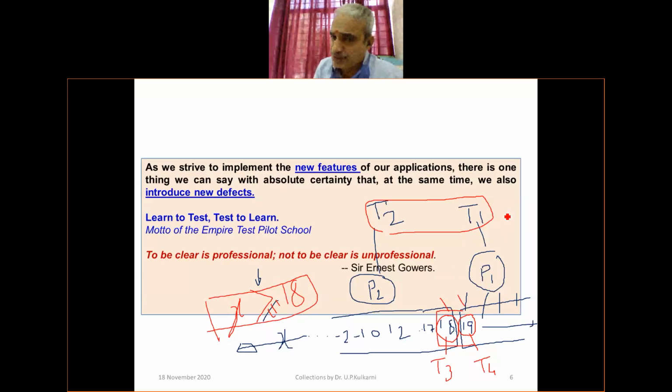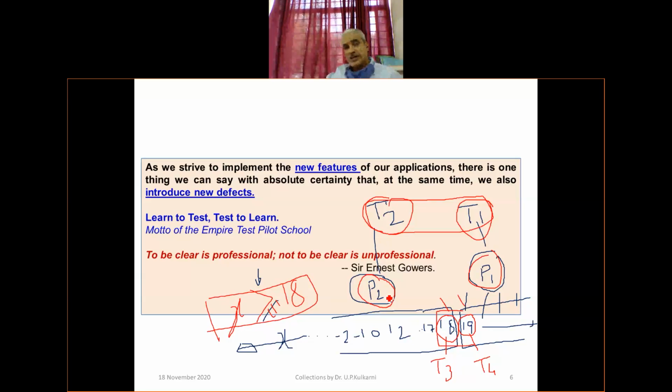For example, what is the objective of test T1? The objective of test T1, or partition P1, is to issue the insurance or license. That particular feature of the product which issues a license to the user is being tested. Whereas the objective of test case T2, or partition P2, is to ensure that the product rejects issuing the license or the insurance.